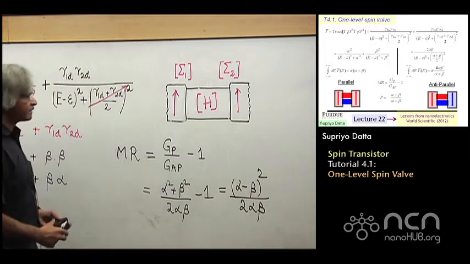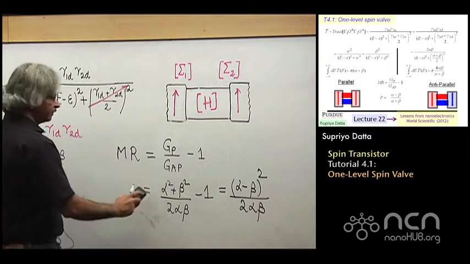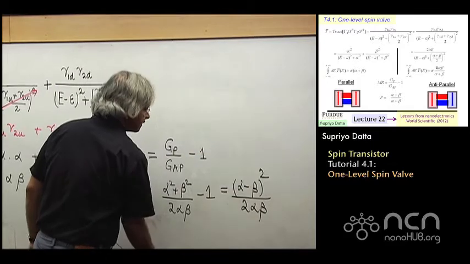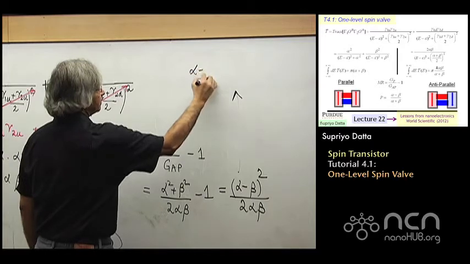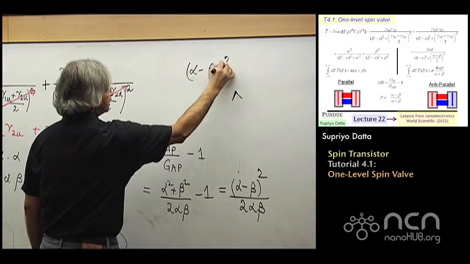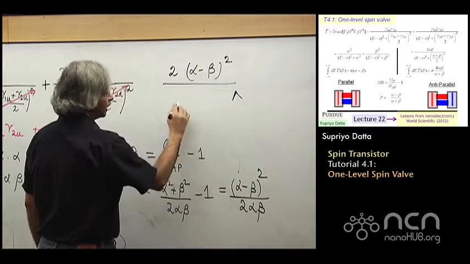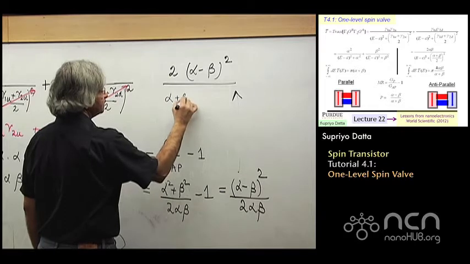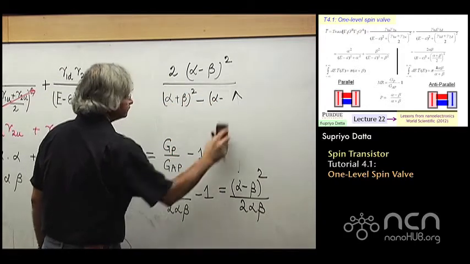Okay. So we just do a little bit of algebra on this to get it into the form we normally have it. So this you could write as alpha minus beta whole squared, and I'll put a 2 here, and then divided by 4 alpha beta. And 4 alpha beta is alpha plus beta whole squared minus alpha minus beta whole squared.